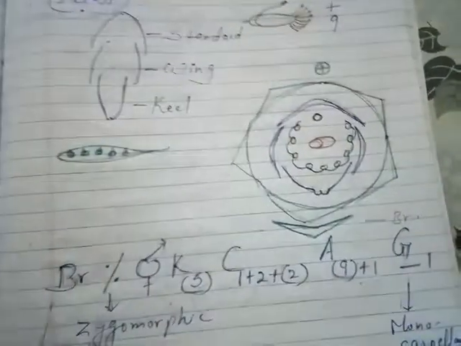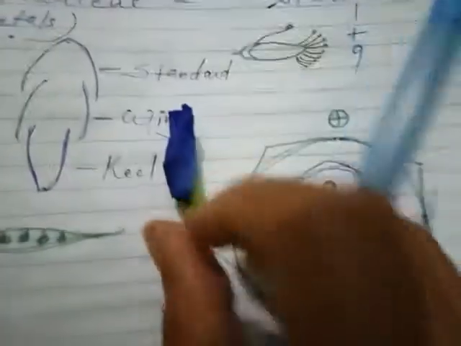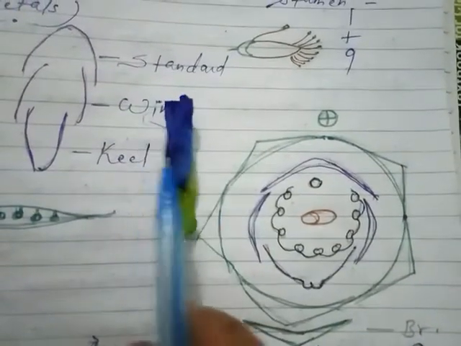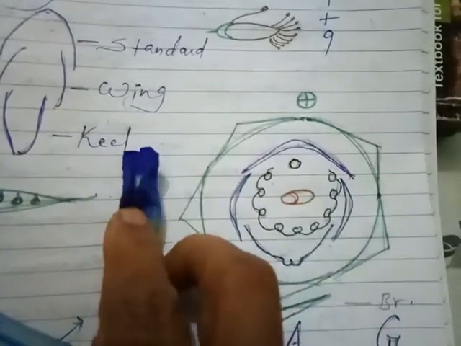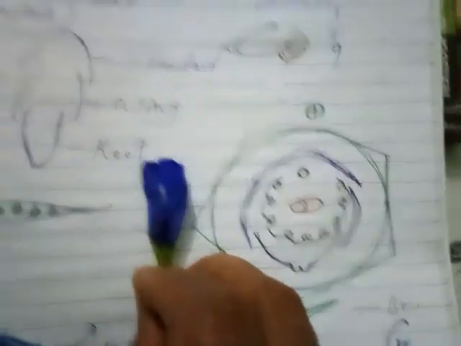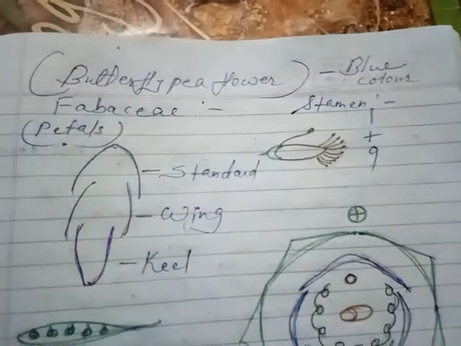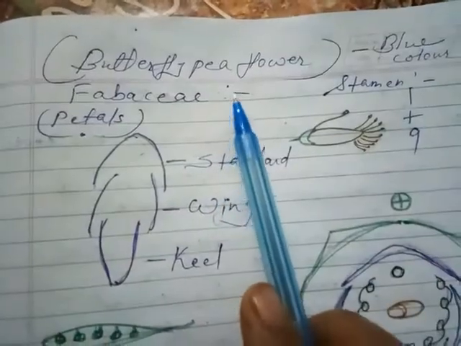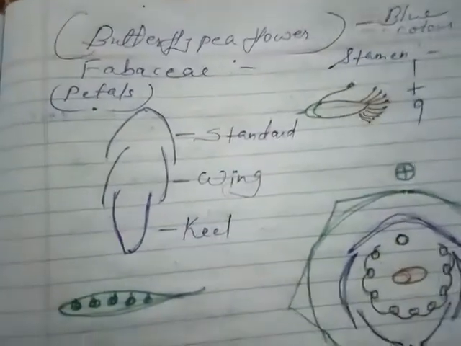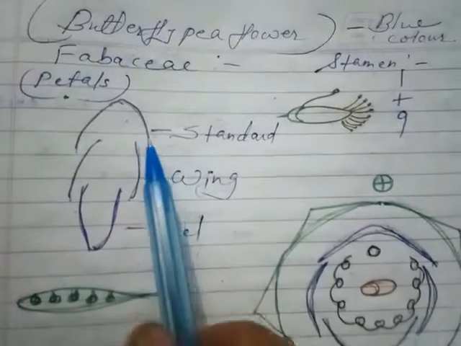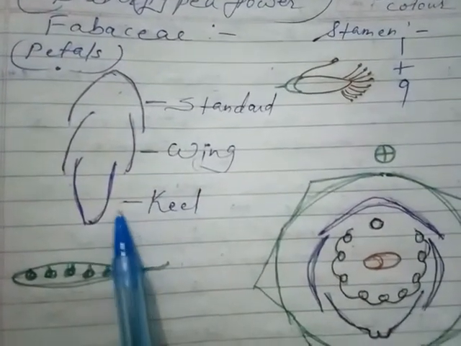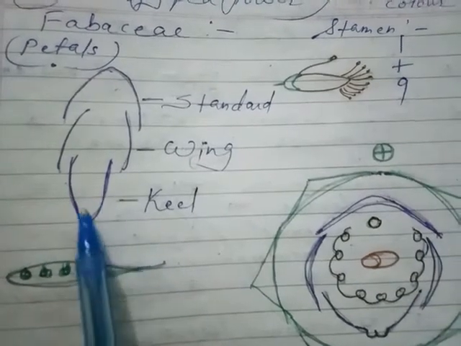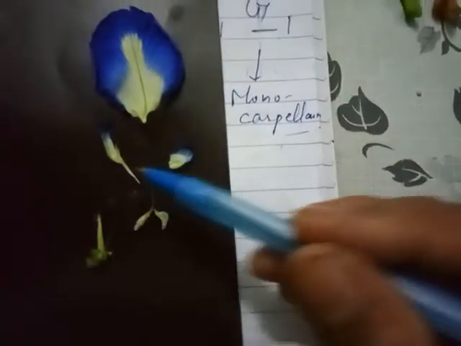Now let us see the case of the pea plant, that is, the butterfly pea flower. Here, belonging to the family Fabaceae, you can see the petals: one is the standard, 2 are wings and 2 are keel, which are fused together. Here you can see the standard, then wings and keel.